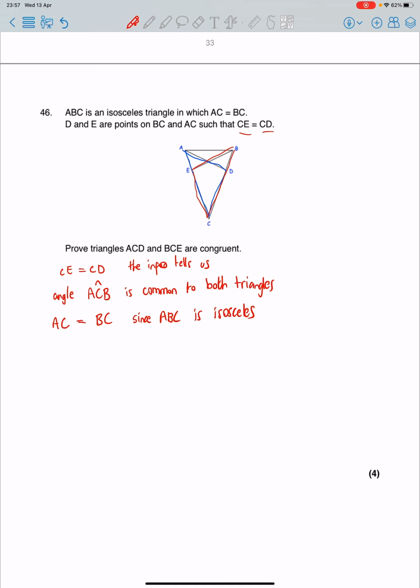Yes, we can. So we've got 3 bits of information there. So therefore, by SAS, side angle side, triangles ACD and BCE are congruent. And that is what you've got to say for your 4 marks.